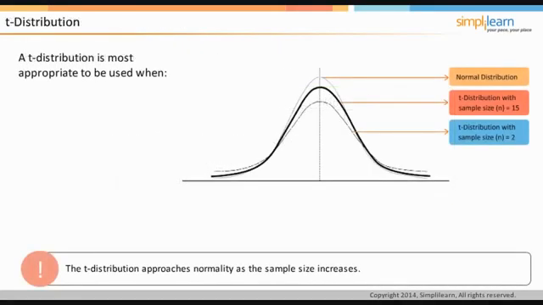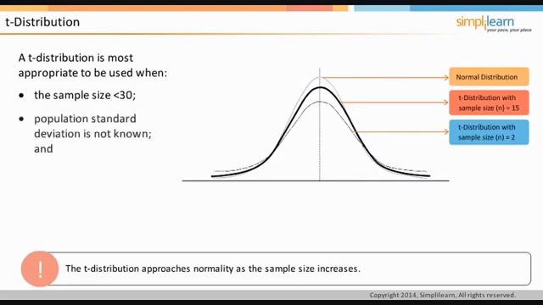Let us understand t-distribution in the next screen. The t-distribution method is the most appropriate method to be used in the following situations: when you have a sample size of less than 30, when the population standard deviation is not known, and when the population is approximately normal. Unlike the normal distribution, a t-distribution is lower at the mean and higher at the tails, as seen in the image.